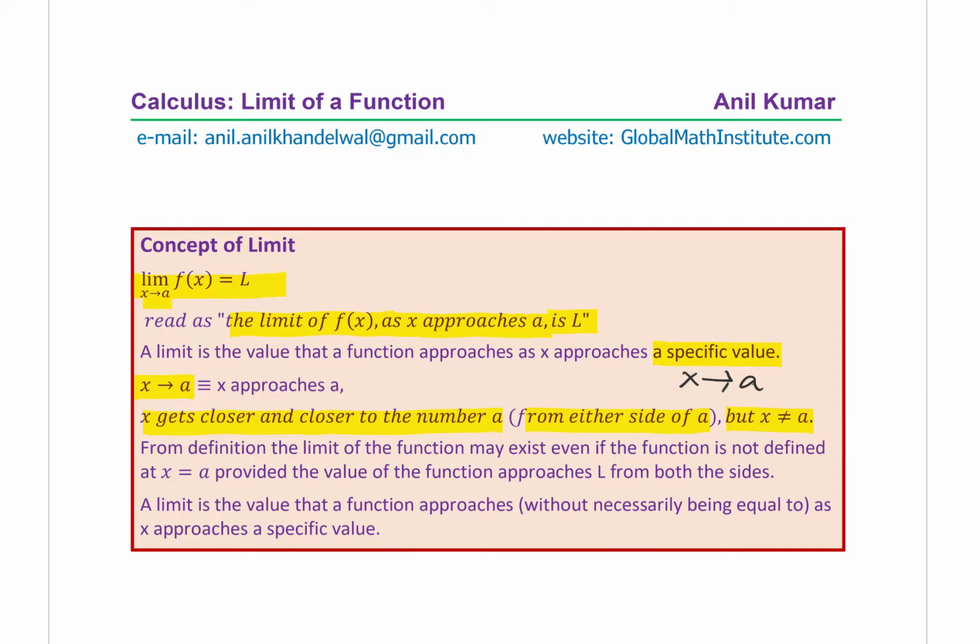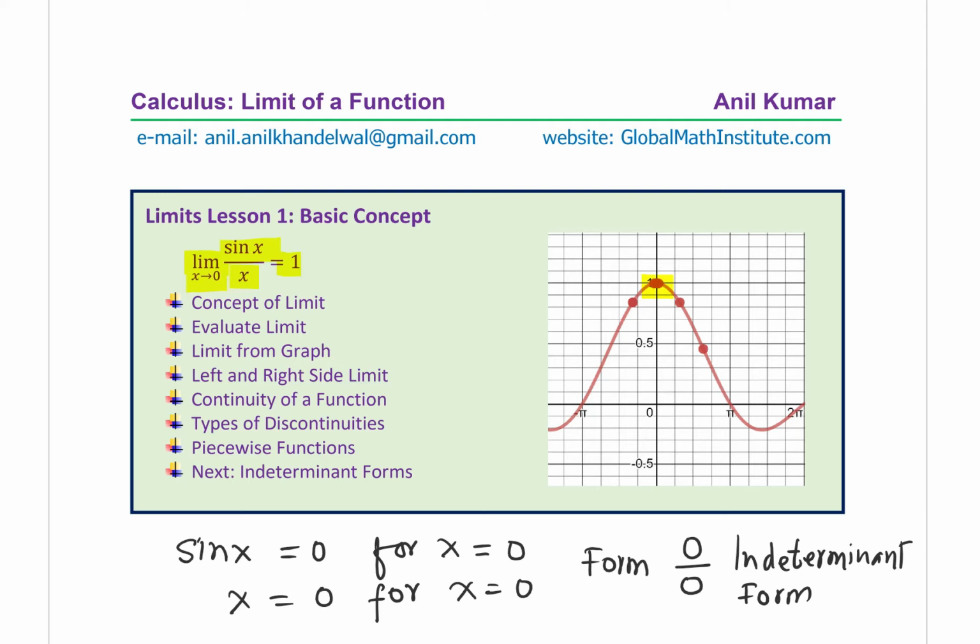So getting back to our example, which we are talking about, sine x over x. Now, sine x over x is an indeterminate, right? But when we write that x approaches 0, so when you're approaching from both the sides, then the value approached is 1.